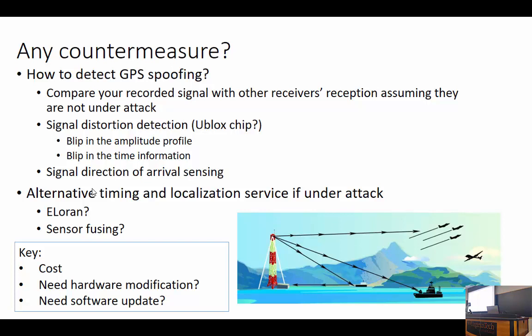There have been some proposals to develop a system called eLoran, which is a ground-based localization system. You put a lot of radio towers that send radio signals at a much lower frequency than GPS, and just the same as the GPS signal, those radio signals from the ground towers will provide timing and location information to all the receivers.